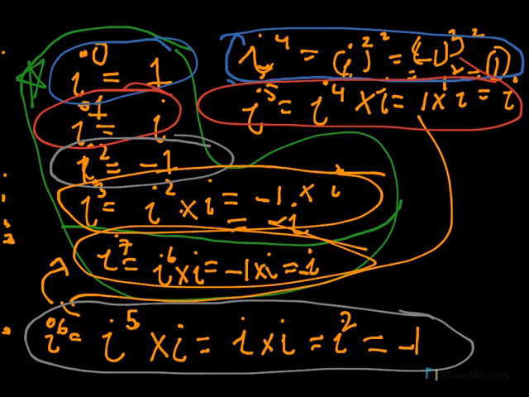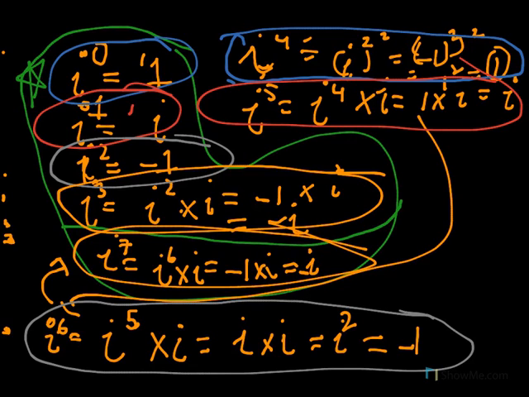So this is the pair and it carries on. i to the 8th will be equal to i to the 0th and i to the 4th. In the same way, i to the 9th will be equal to i to the 1st and i to the 5th, and that cycle carries on.